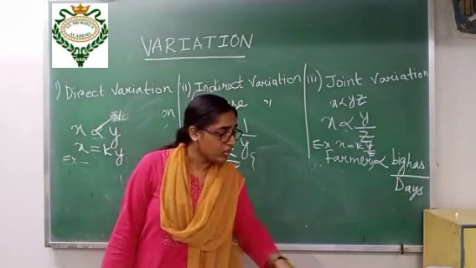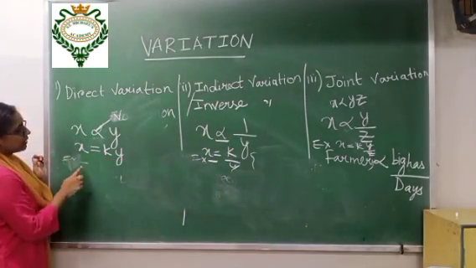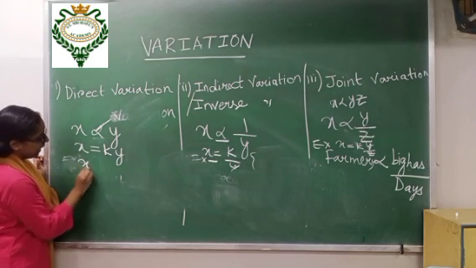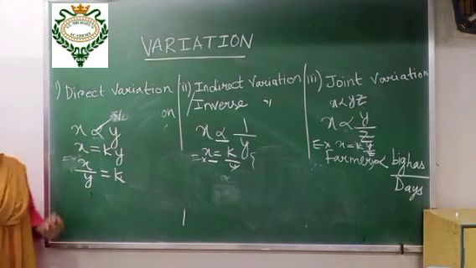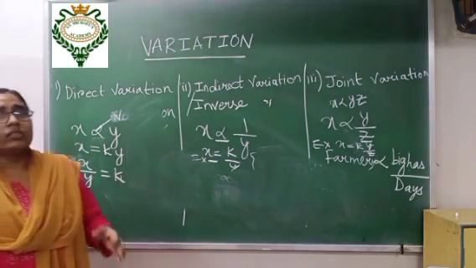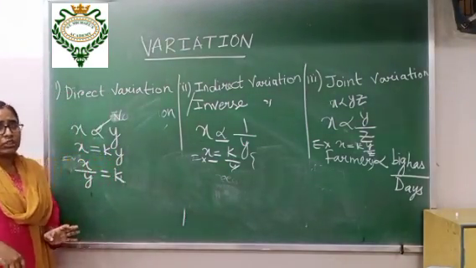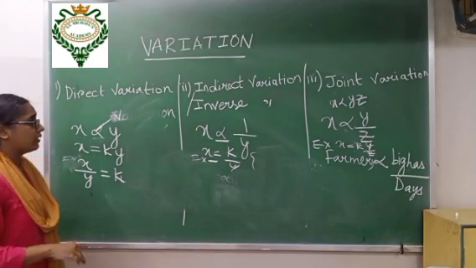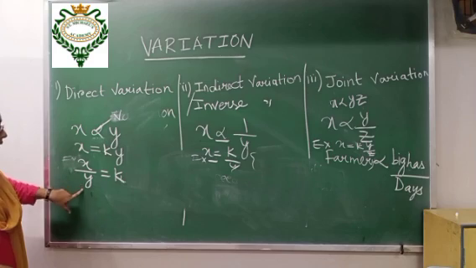Okay. So now, if I want to take this y this side, what will happen? It will become x by y equals k. Means if they ask you whether the given data are direct relation or indirect relation, which type of relation is there between the variables, then you will find x by y.